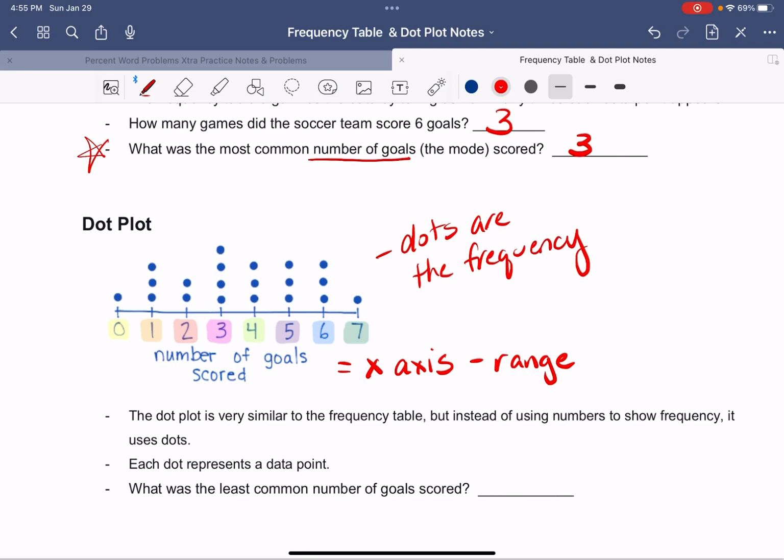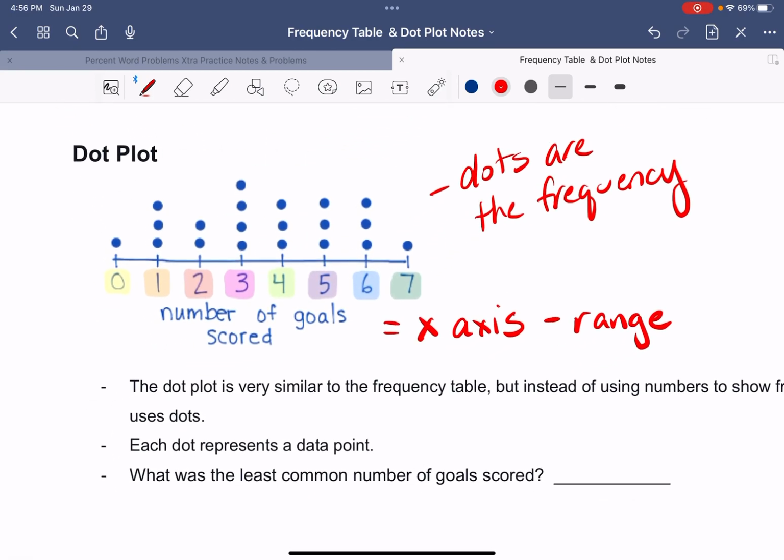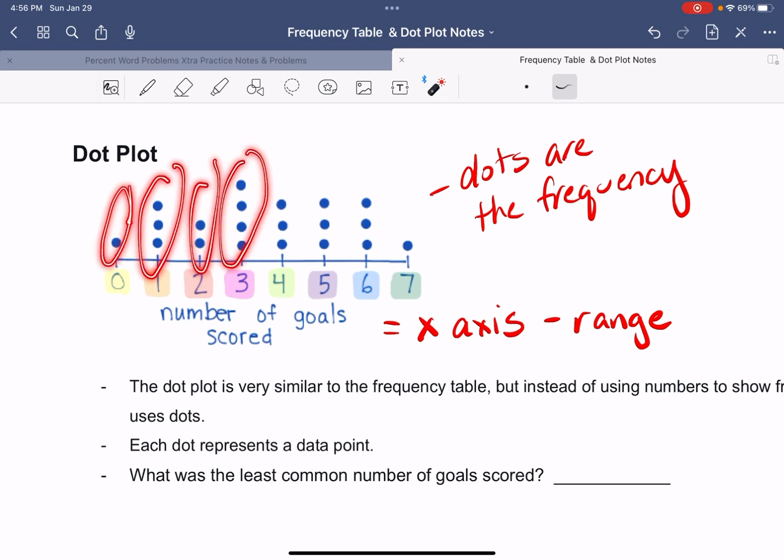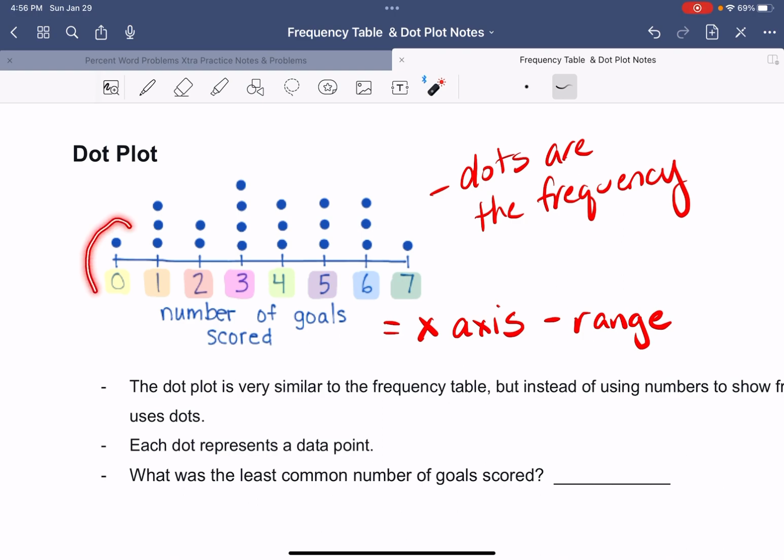Now looking at this dot plot, what was the least common number of goals scored? All right, well, if I look at this, I'm going to look at these heights right here, the least number of times. When I look at this, I'm seeing 1 time they scored 0 points, and 1 time they scored 7 points.